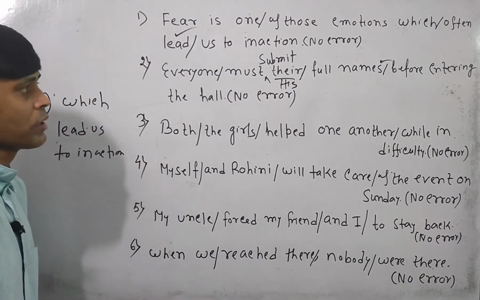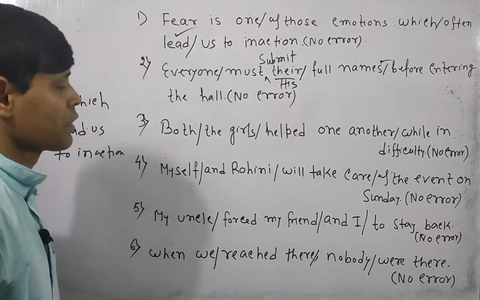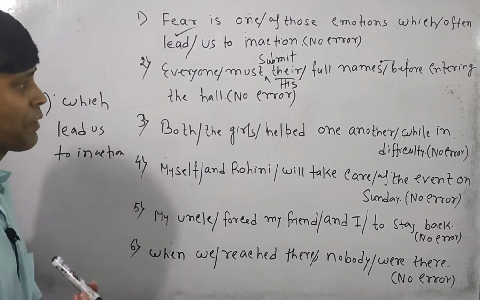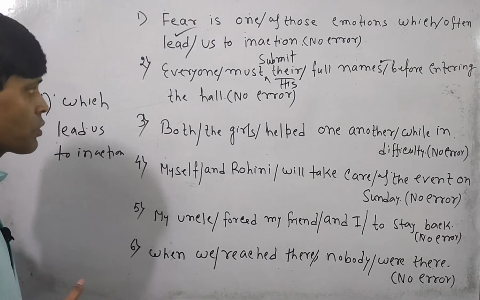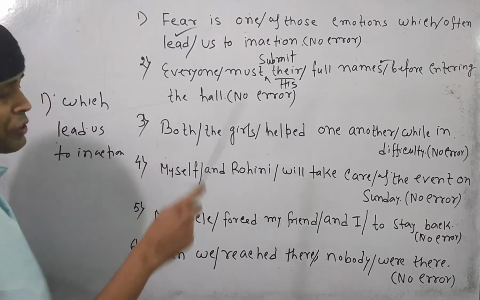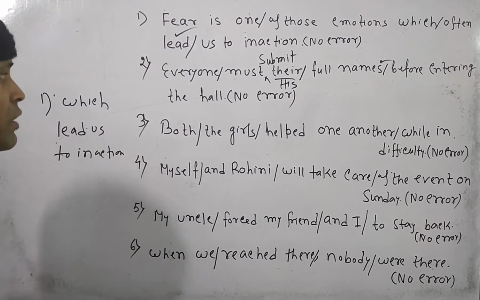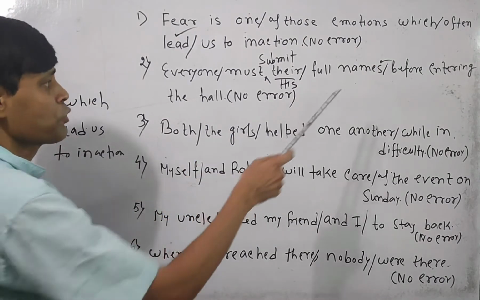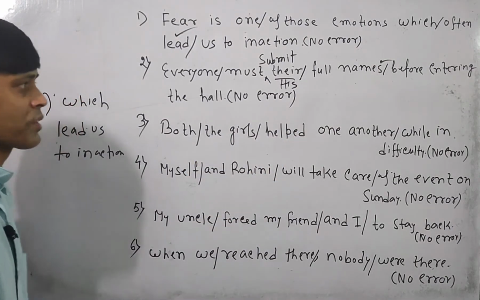Instead of names, name can be there. Name should be there. In some cases, two mistakes are given in the exam. So in those cases, you have to find out options will be given like this or in this way. So here he will be the correct answer and name es should be omitted from the sentence.